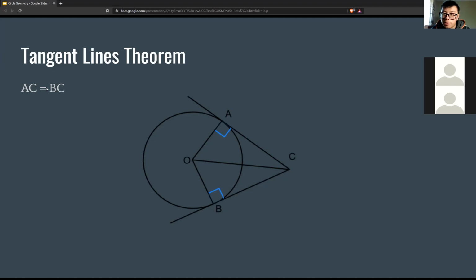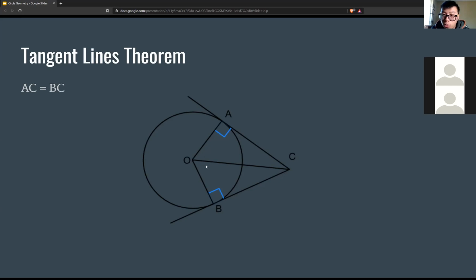The reason why that works is because we have to remember the property that a tangent line is always perpendicular to the radius of the circle. So now we have OAC, that's 90 degrees, and OBC, that's also 90 degrees. We can also compare some other line segments. OA is the radius of the circle, and OB is also the radius, so they're equal in length.